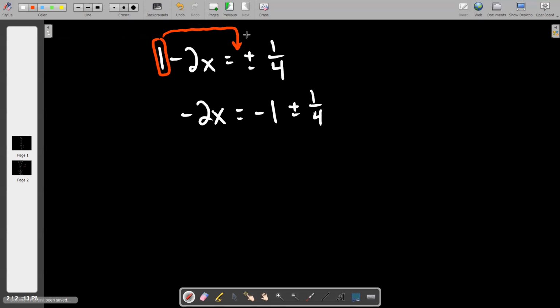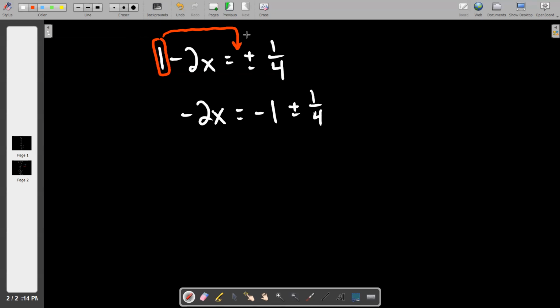Do you remember the problem that we did, I think it was 2 examples ago, where we had something just like this, but we had 2 numbers? Look at the numbers on the right-hand side. What do we do when we try to add or subtract, but one of them's a fraction, one of them's not? You change the one that's not a fraction into a fraction.